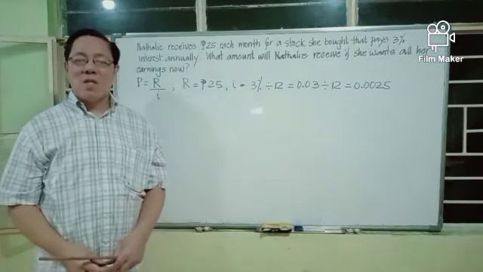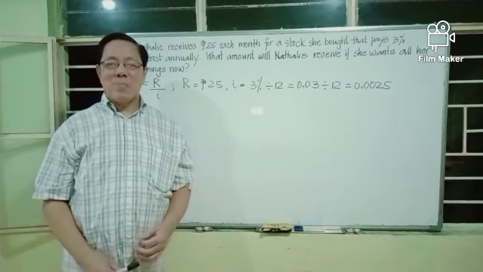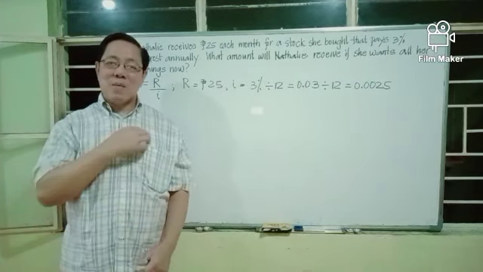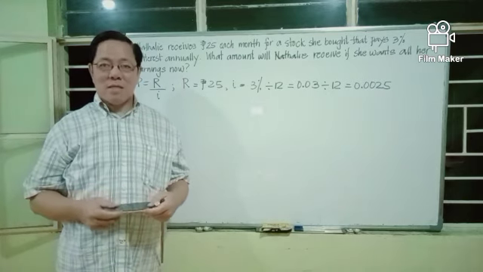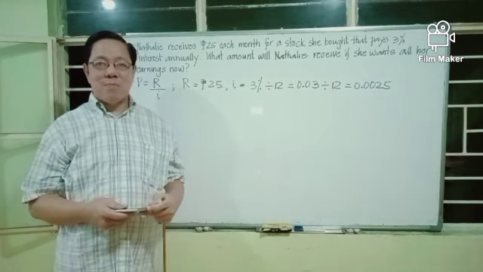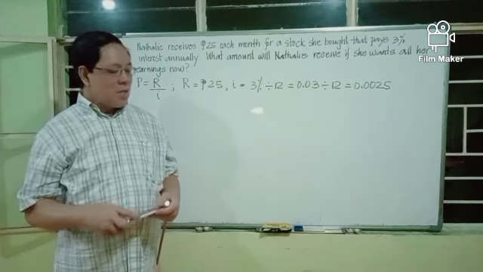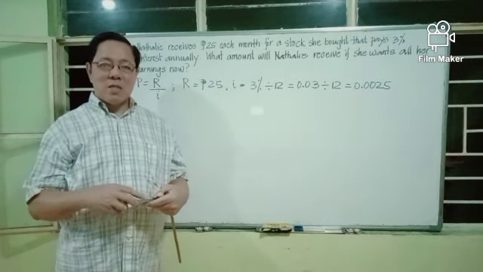We divide 0.03 by 12 to get the interest rate per month because 3% is given as the interest rate annually. The annual interest rate is 3%. So we divide that by 12. And 0.03 divided by 12 is 0.0025.